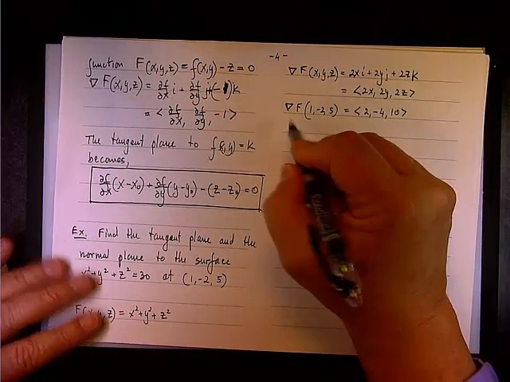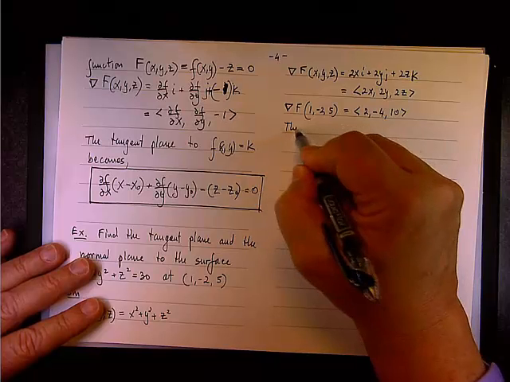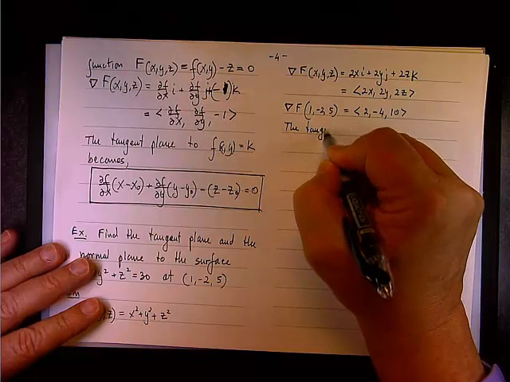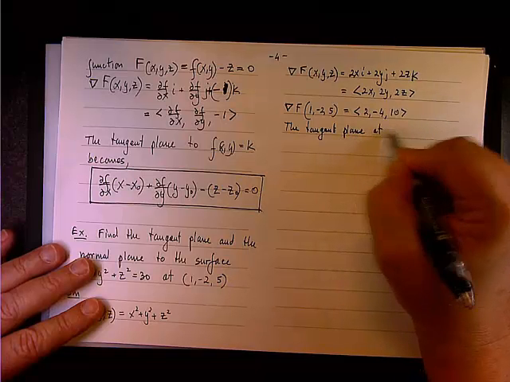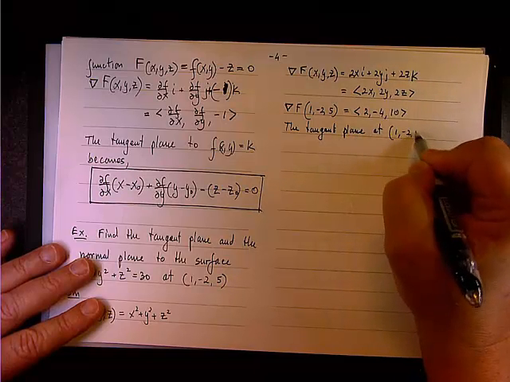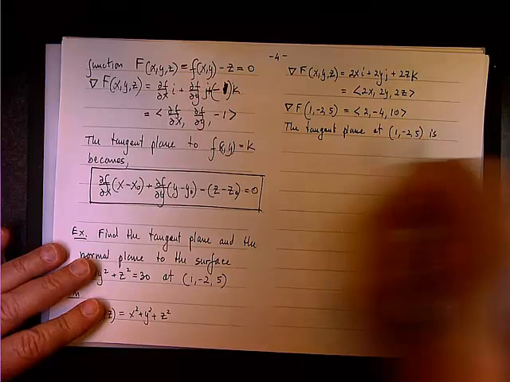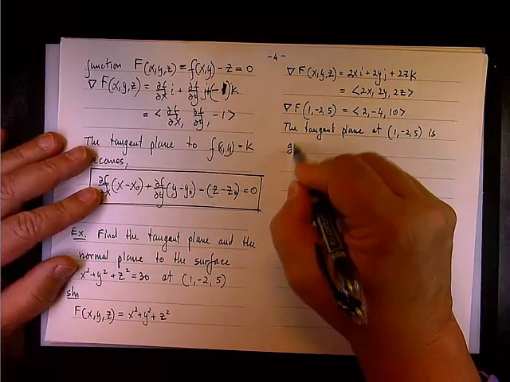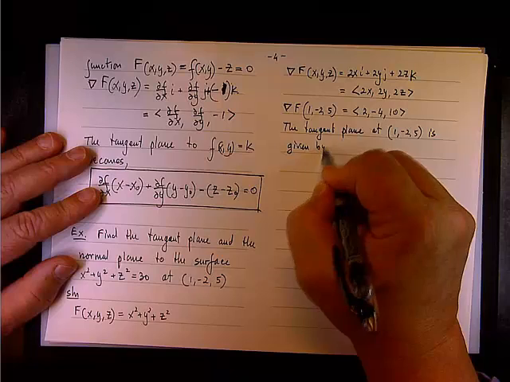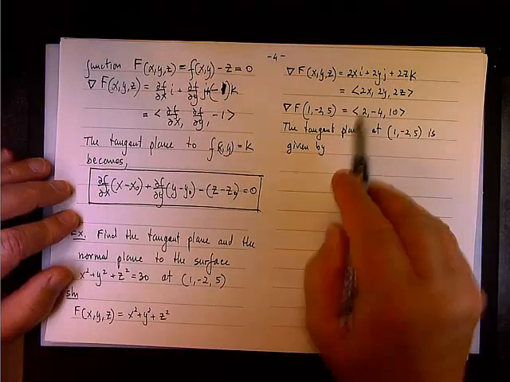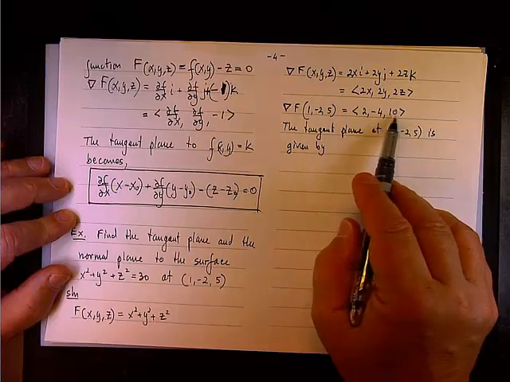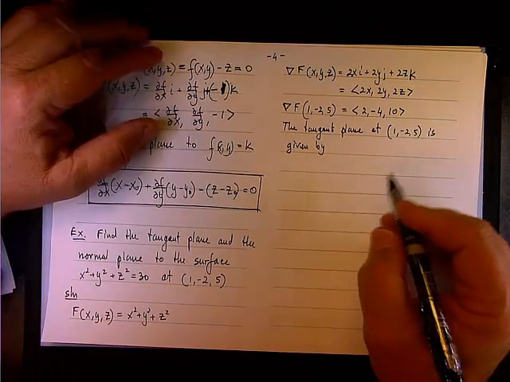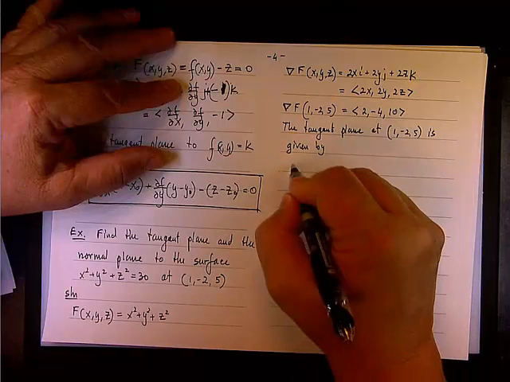So what is the tangent plane? Well, we have a simple equation for the tangent plane at (1, -2, 5). The first direction number is 2, the second is -4, and the third is 10.